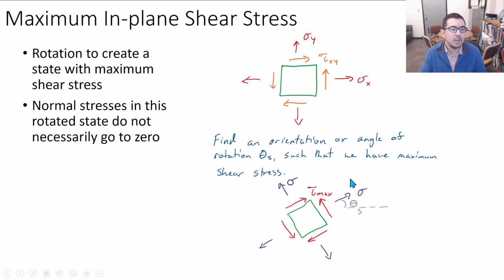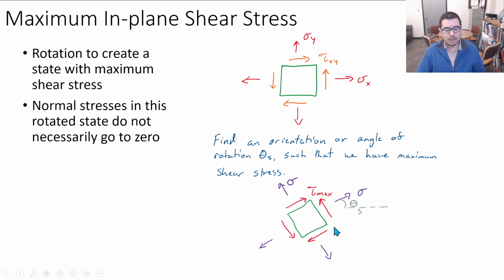There is a case of pure shear where the normal stresses can go to 0, but typically, in most cases, they reach an average value and end up being the same. But we'll go over some different scenarios.